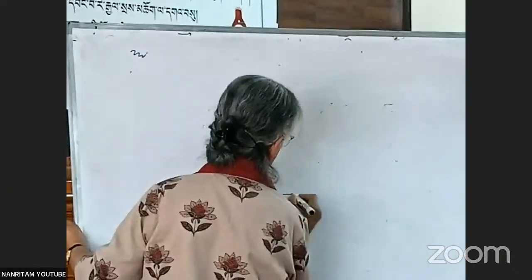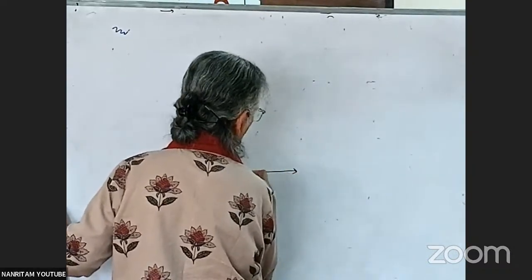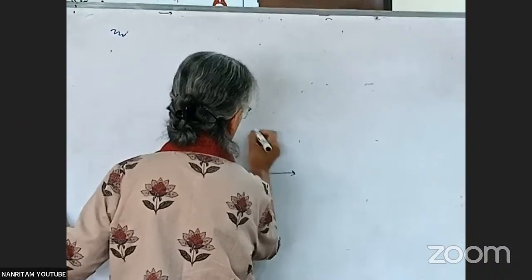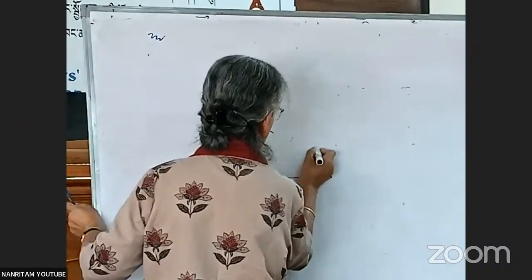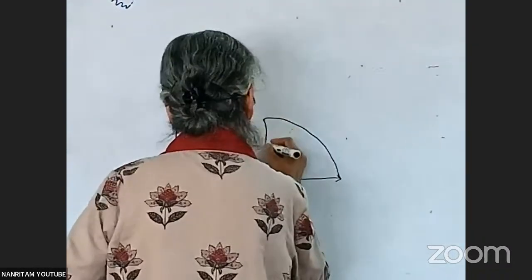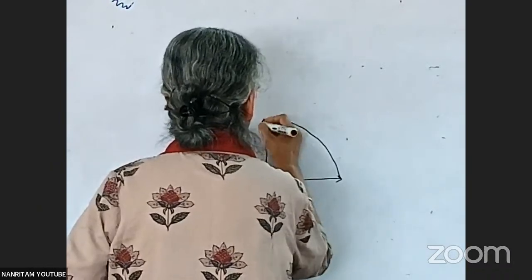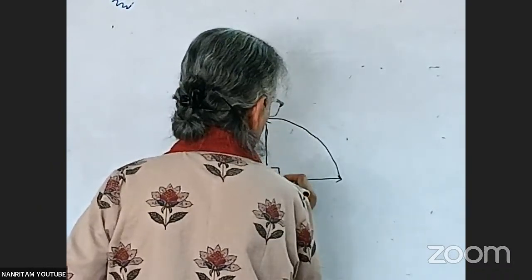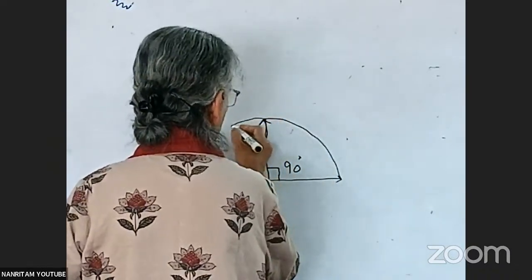These two lines are together and it starts rotating, coming here. Rotating like this, and here, a quarter of the circle. That is 90 degrees. But it doesn't stop there.